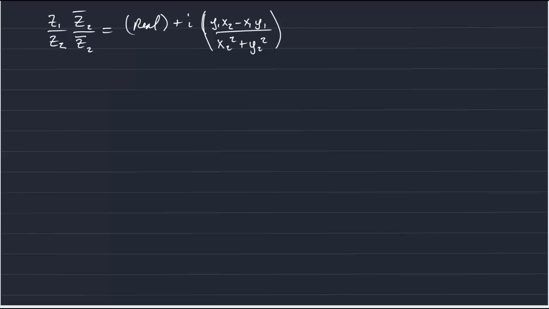Let's look at exponents. When we raise e to the z power, that's the same as e raised to the x plus i y power, and that's the same as e to the x, which is real, times e to the i y.